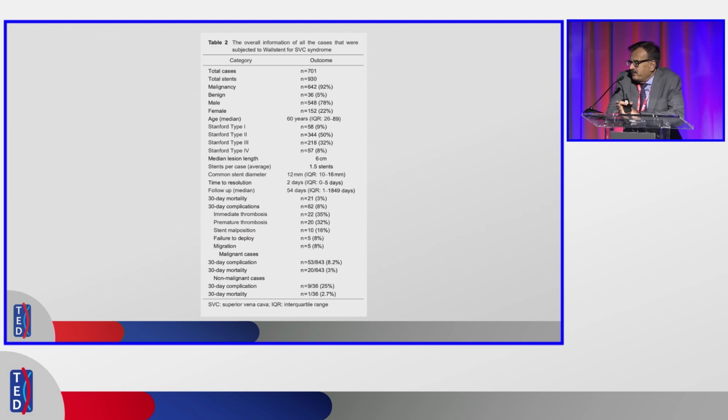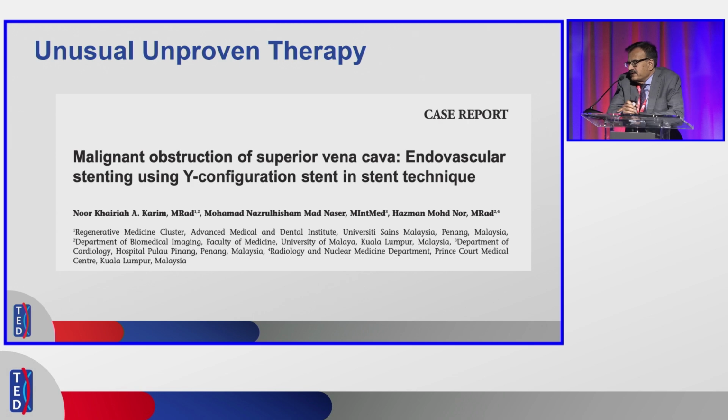The important thing to realize is that in malignant cases, the complication or mortality is similar to non-malignant cases, but as far as complications go, they are more frequent with non-malignant lesions. So using stents, you want to be a little careful when treating a non-malignant lesion and trying to take away the obstruction of the SVC.